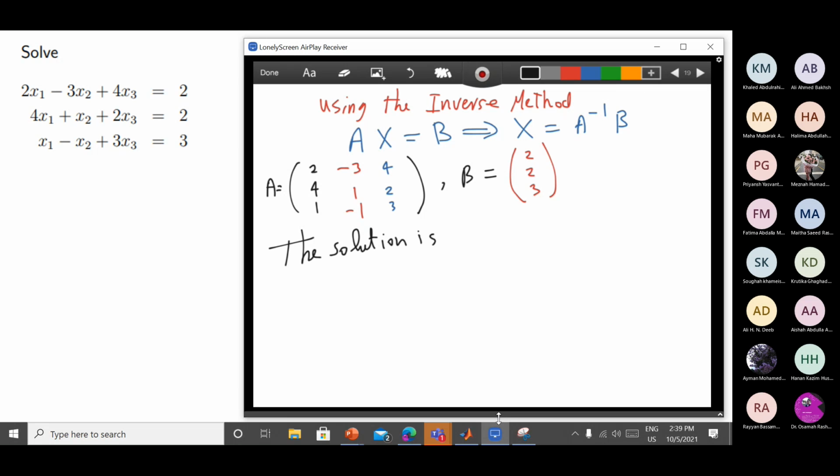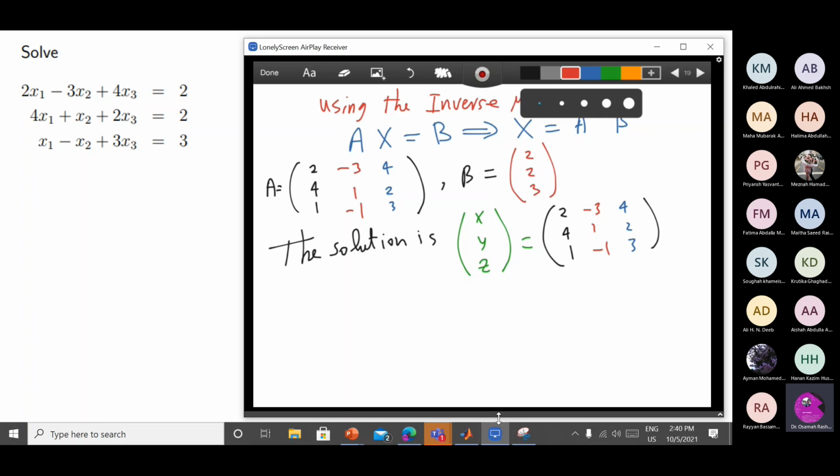X, Y, Z equal to A inverse, where A is 2, 4, 1, minus 3, 1, minus 1, 4, 2, 3, and I should have inverse here. After I find the inverse, I multiply it by the constant matrix.